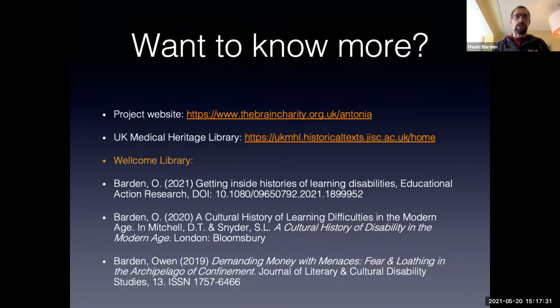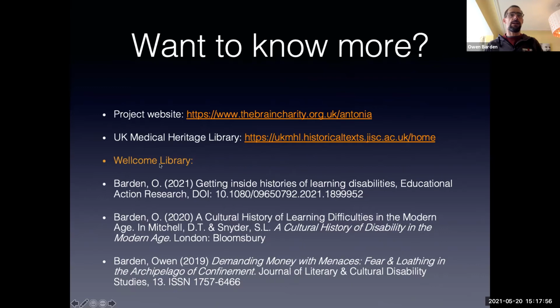And you can also find out more from these sources. We have a project website here, the Brain Charity .org.uk/Antonia. She was the lady at the centre of our case study. And this is the archive that we used, the digital archive, the UK Medical Heritage Library. It's freely accessible on the web.